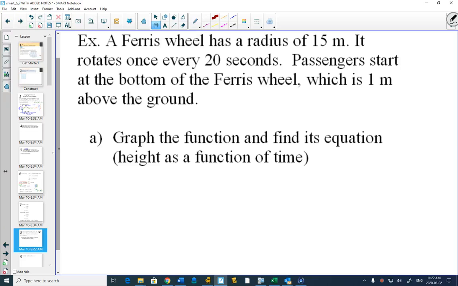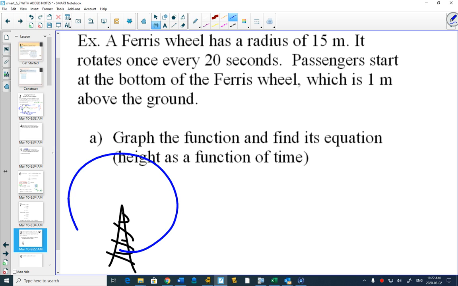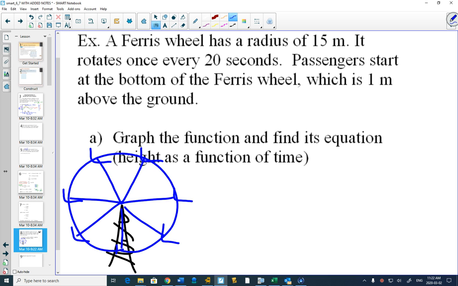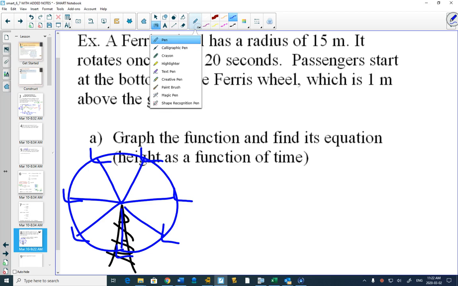It's a Ferris wheel story. So Ferris wheel has a radius of 15 meters, so we're going to draw a picture. And so spokes going out like this, because otherwise it's not realistic. Oh, we got our chairs.